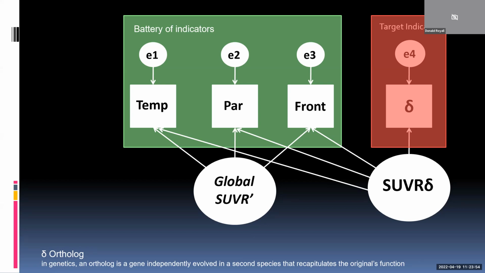Now it's something completely different. It's not even the cognitive correlates of anything. Now it's the imaging correlates of a cognitive outcome. And this would be an ortholog, which is a gene independently evolved in a second species that recapitulates the original's function. So in various papers, we talk about D homologs, D orthologs, D paralogs, but that's what we're referring to. It's just shorthand notation to keep track of what is in the bifactor model.